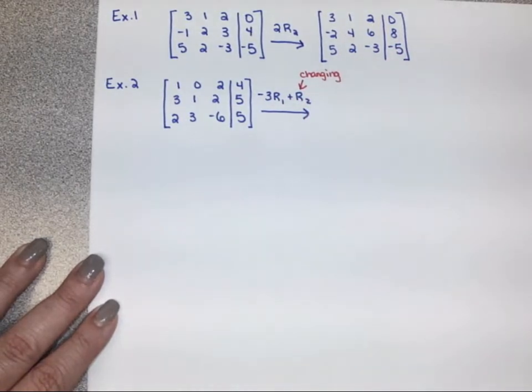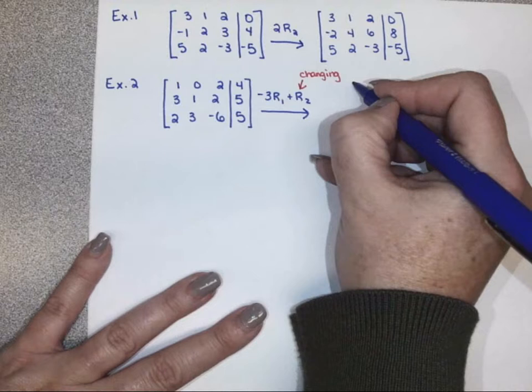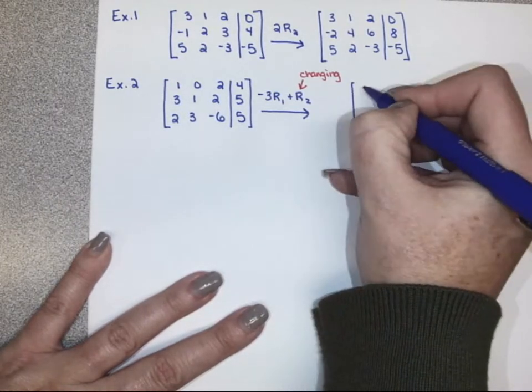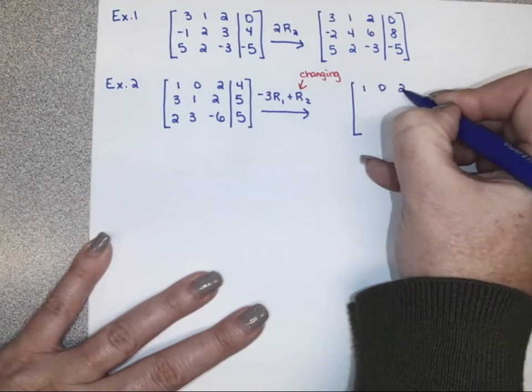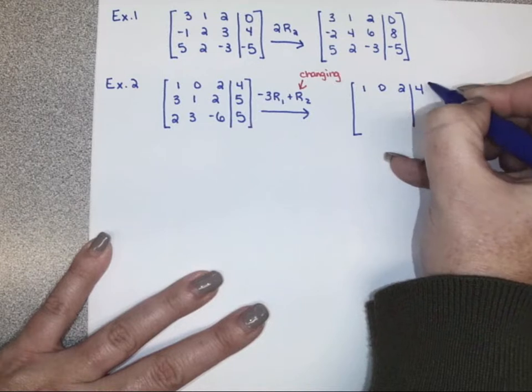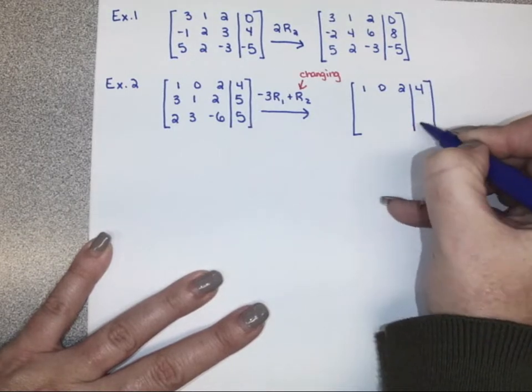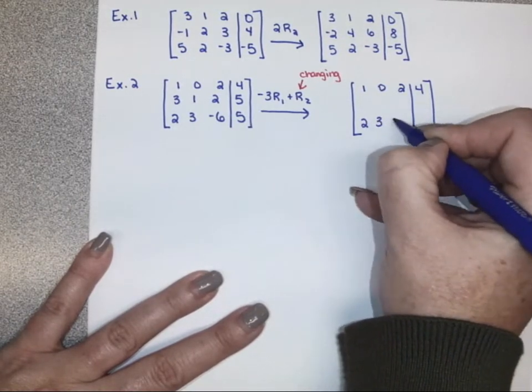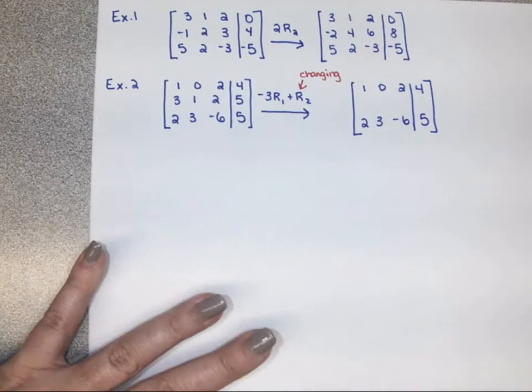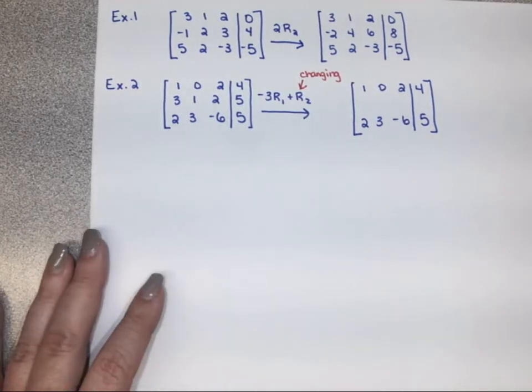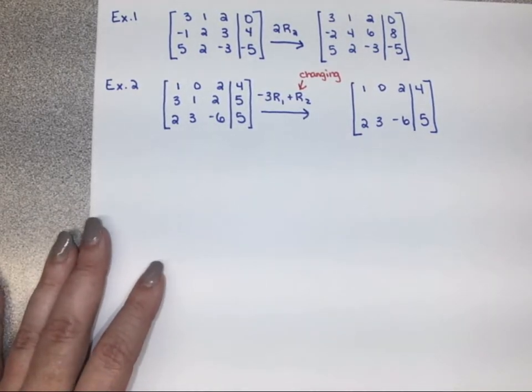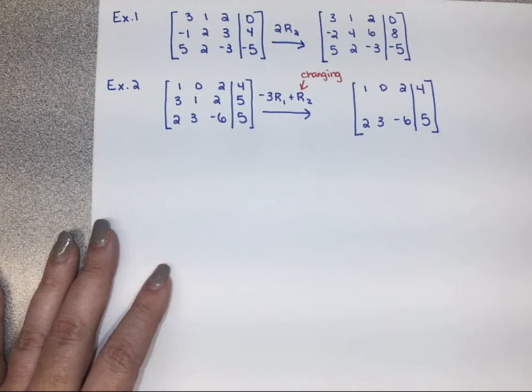Okay, so row 2 is the only one changing. So what does that mean about rows 1 and 3 again? They're not changing, right? A lot of your homework and even some of the test questions is just going to be you being able to recognize when you're just copying numbers over, when things aren't changing at all, but then also you being able to make the change.